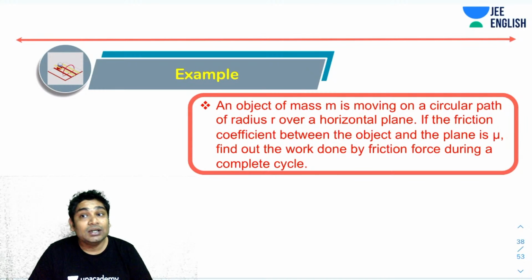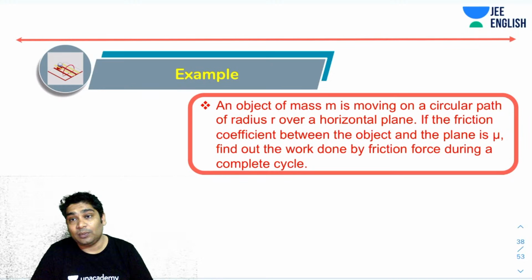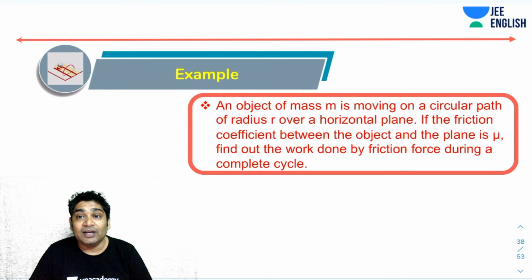On the other hand, we will see another example where we will try to find the work done due to the force of friction. An object of mass m is moving in a circular path of radius r in a horizontal plane. If the friction coefficient between the object and the plane is mu, you have to find the work done by the friction force during one complete cycle.